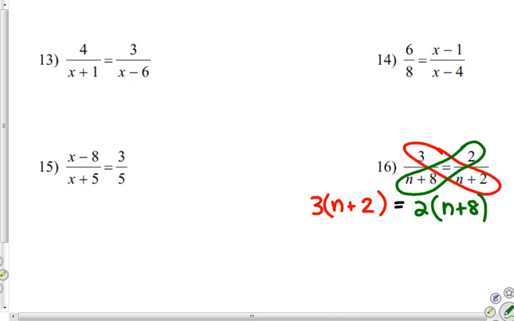So in both cases, we need to distribute. Okay? 3 times n, 3 times 2. 3n plus 6. On the right, 2 times n and 2 times 8. 2 times n is 2n, plus 2 times 8 is 16.